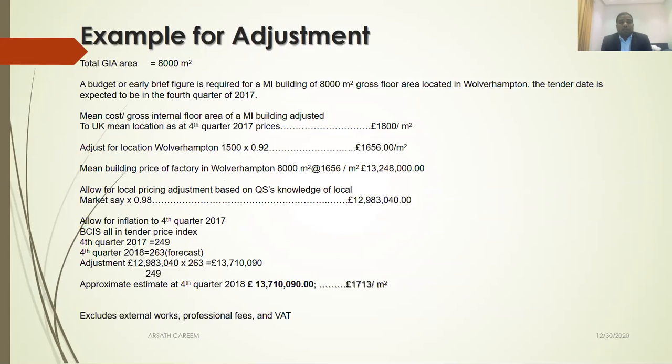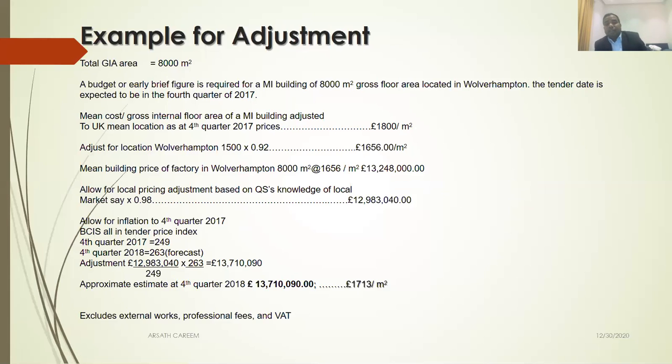So this is throughout the UK. Now you want to build this building in Wolverhampton. You have to take that 1,800 per meter squared as the mean cost, and there is a location factor for Wolverhampton of 0.92.